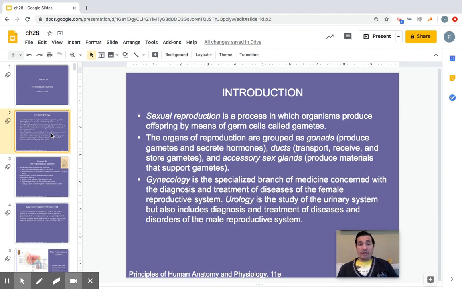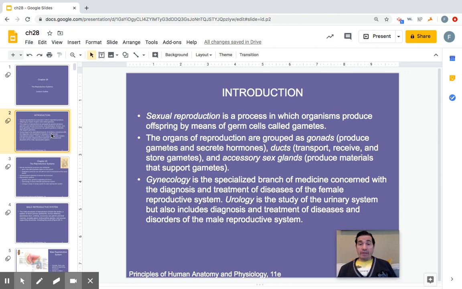One of the things we also have to look at is the secondary sex characteristics of each, which is related to the hormonal effects. We also have to look at accessory structures. When you're looking at these different structures, whether tubes or gonads, they are developed by the same type of tissue.